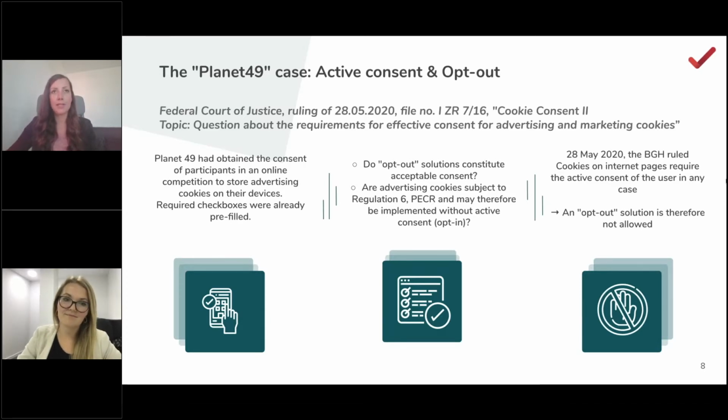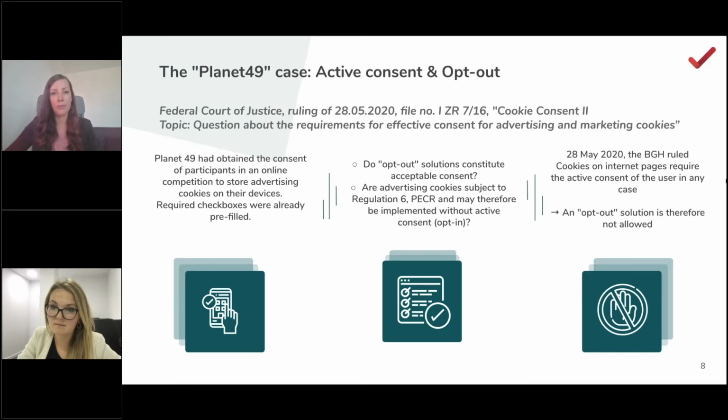And after this CJEU ruling in 2019, the German Supreme Court then ruled in the final instance, and the BGH decided on the 28th of May 2020, so in May, that this opt-out is to be interpreted in accordance with the directive in the sense of consent. So this means we need a clear consent.